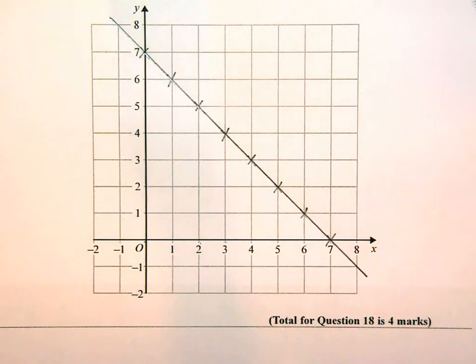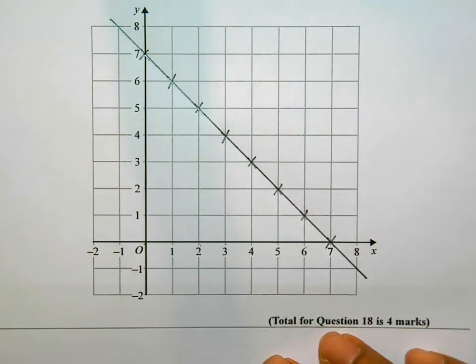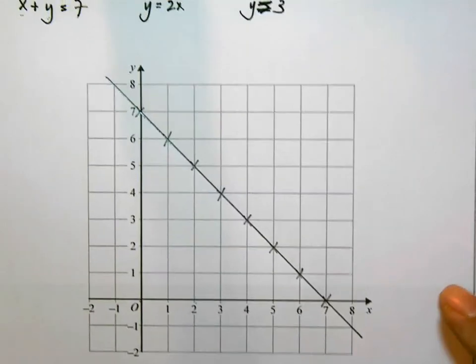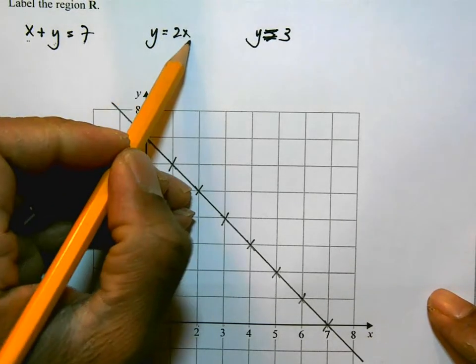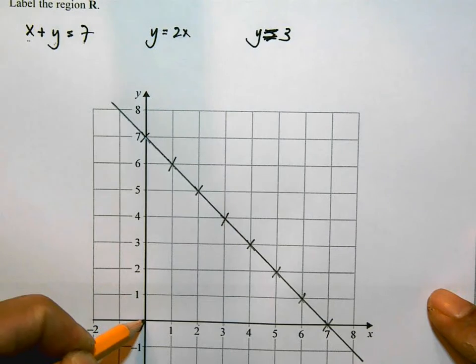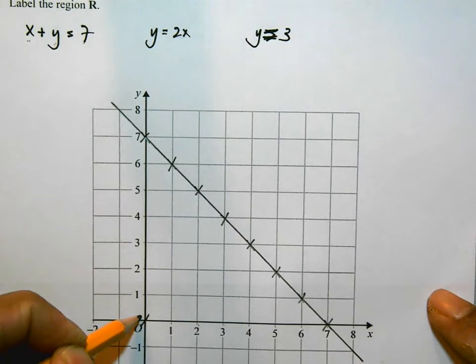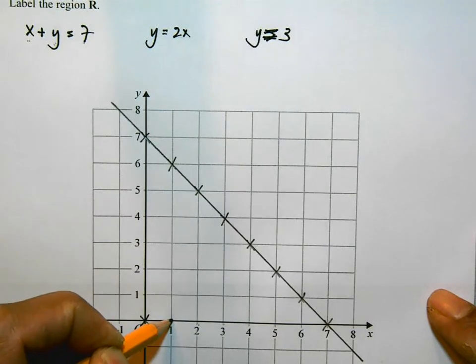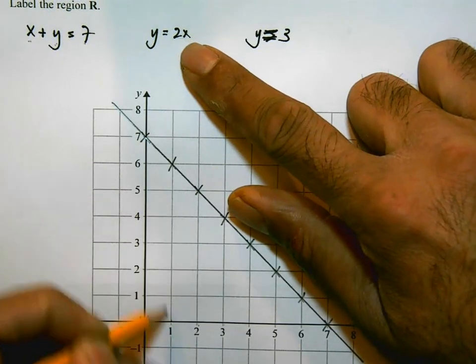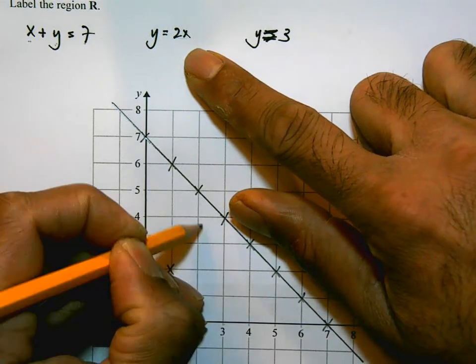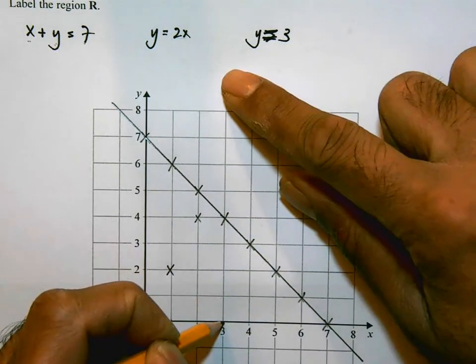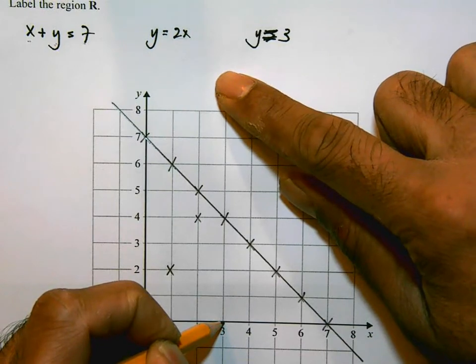Going on to the next one, y = 2x. If x is 0, 2 lots of 0 is 0. If x is 1, 2 lots of 1 is 2. If x is 2, 2 lots of 2 is 4. If x is 3, 2 lots of 3 is 6.